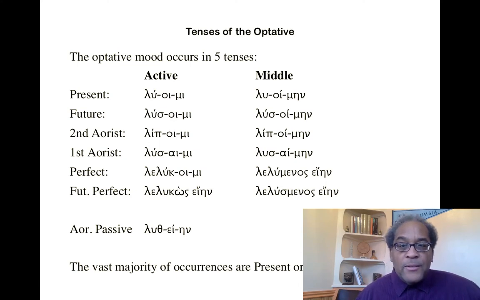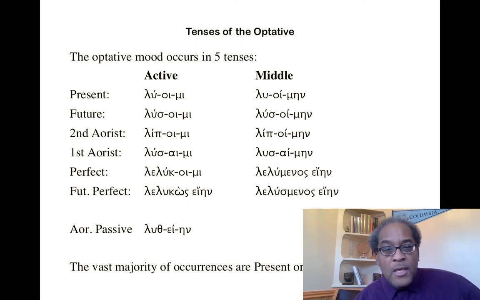In the first aorist, you have lusaimi, so you see the sigma of the first aorist plus the alpha of the first aorist, but between that alpha and the personal ending, mi, you have the iota of the suffix of the optative. Likewise, in the perfect active, after the kappa of the reduplicated verb stem, leluke, you have the thematic vowel again, omicron, and the iota of the optative suffix before the ending.